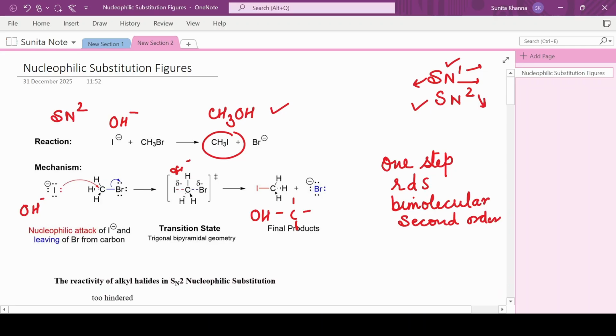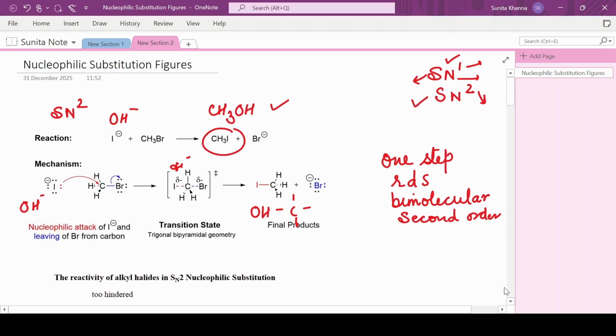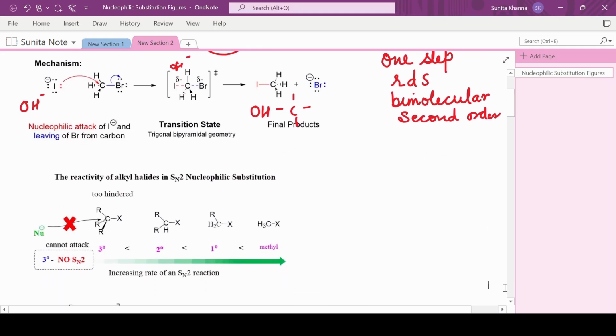Then we move to the next point. In SN2 reactions, the attacking nucleophile is coming from the side opposite to the leaving nucleophile.